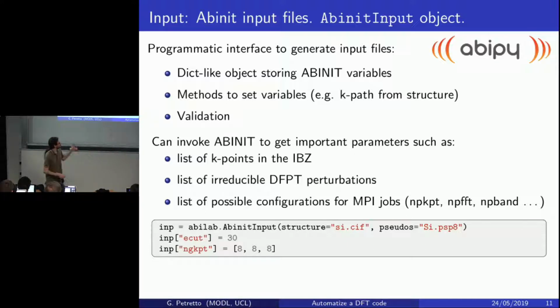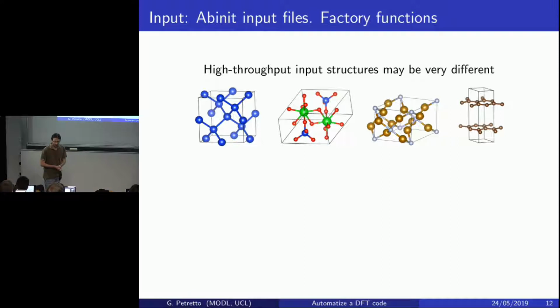The point is that, as I've said, this is sort of a dictionary with the values, and this is good and fine when you want to define some standard input for the very beginning, but you have your, let's say, system that you know. When you run high throughput, all sorts of structures and approximations might come in, and the simple object is not enough.